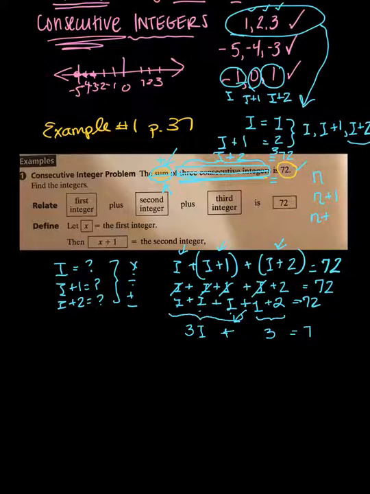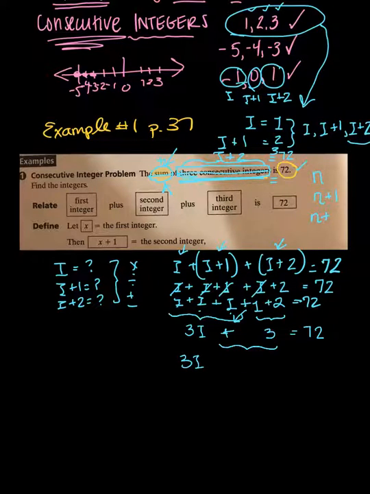equals 72. Well, remember, my goal ultimately is to get I by itself. So in order to get I by itself, I have got to deal with this 3 and this 3. Well, which one do I deal with first? Do I deal with the multiplication that's going on here, or the addition that's going on here? Hopefully you realize that according to what I learned last night, I have to deal with this part first.